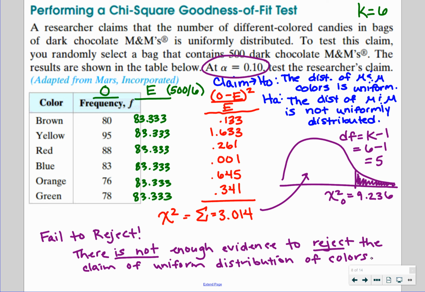So we're saying we don't have enough evidence to say that's false. If you look at all of those observed frequencies, they're pretty close to each other. We don't have one category that's a 50 and the other category that's 120, and then we make them a little further off. So we test the full distribution with this and say, they're close enough, so we don't have enough to say it's false.